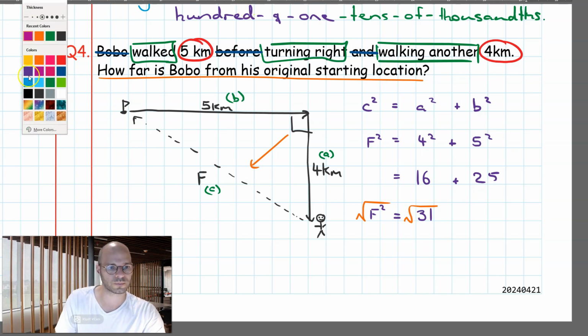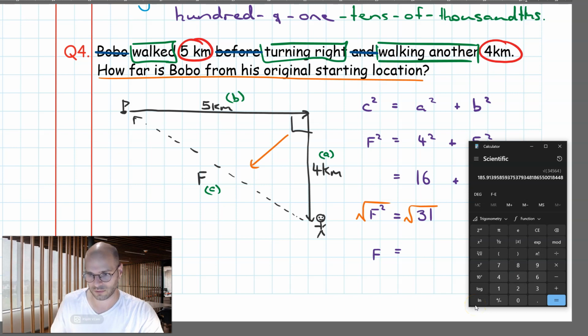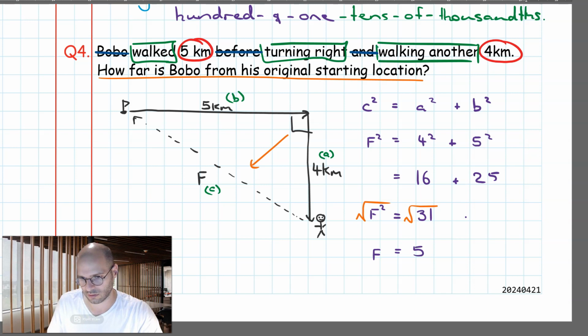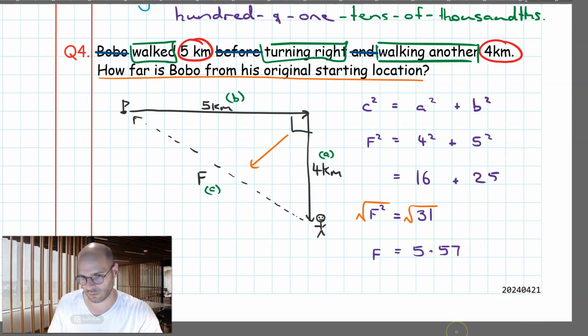Therefore, F is going to be the square root of 41. Now I want to work that out, so I just bring up the calculator. 41 square rooted. So it's 6.40. I just say 6.40 kilometers.